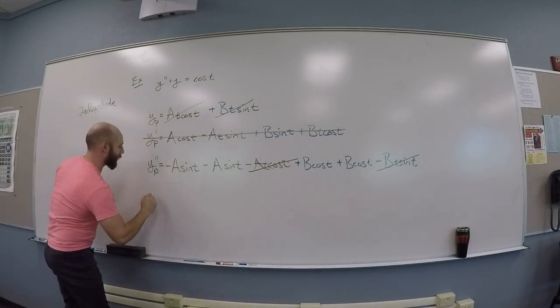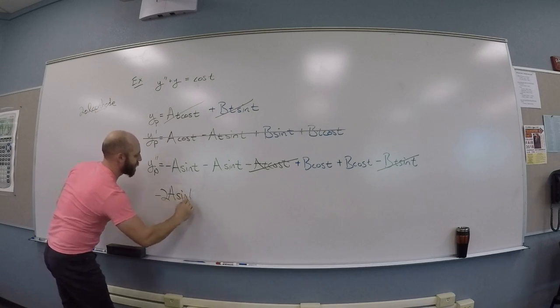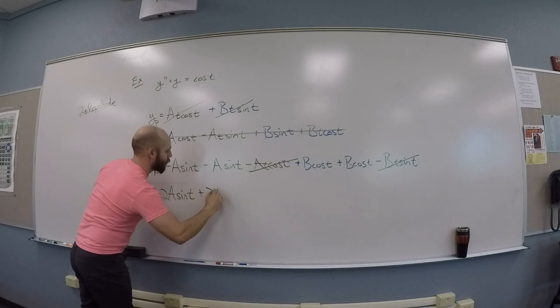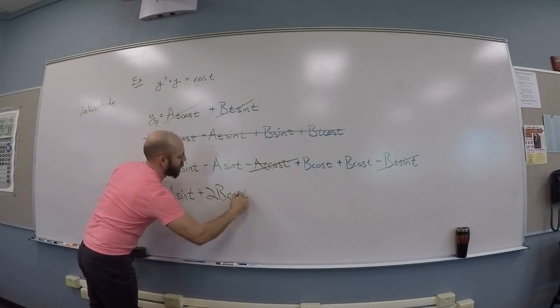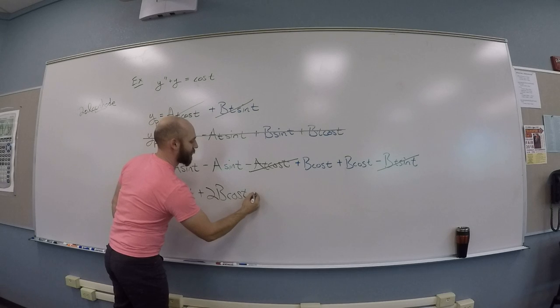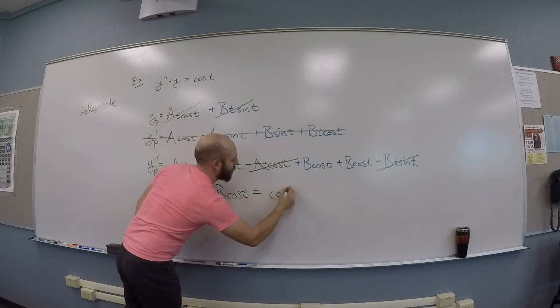And so I have a minus 2a sine t plus 2b cosine t. And this is supposed to be identically cosine t.